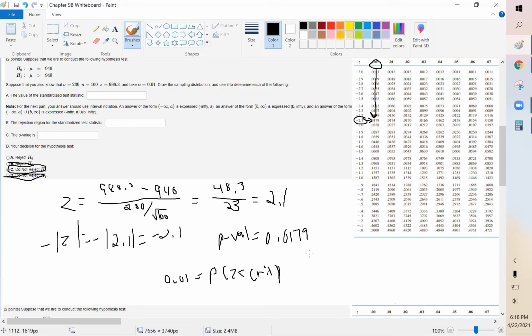So we go to our table. We want to find 0.01. That is somewhere in between these two. Looks like it's going to be closer to 0.03, but regardless, we will say that this Z value is approximately negative 2.326, something along those lines.